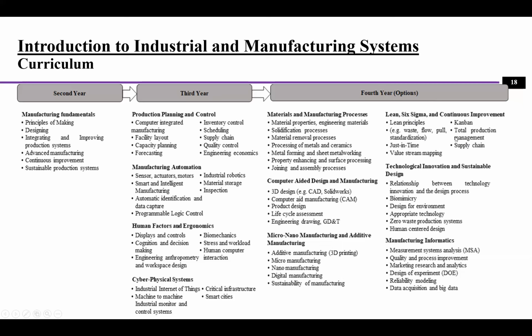This is mainly for continuous improvement, and some of you might have heard about yellow belt, green belt, and black belt of Six Sigma, because Six Sigma has been widely used in many industries and also services for quality control. So this is also one of the key areas in manufacturing systems.